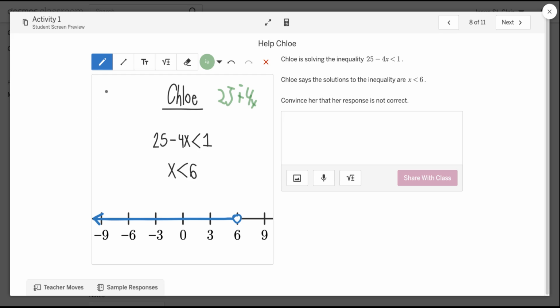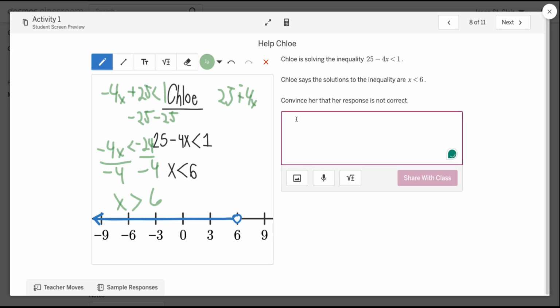So the inequality can actually be negative 4x plus 25 is less than 1. I'm going to subtract 25 from both sides. That leaves me with negative 4x is less than negative 24. Divide by negative 4. And I get x, and I get 6 as Chloe did, but I think Chloe forgot to flip the sign. So the answer actually should be x is greater than 6.